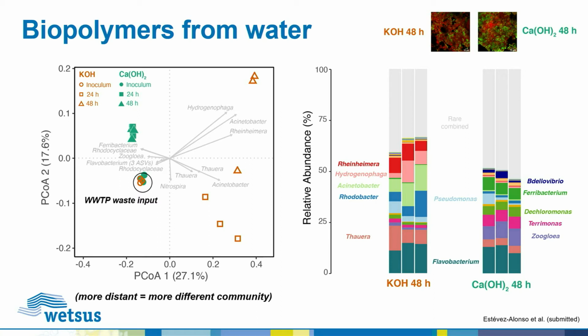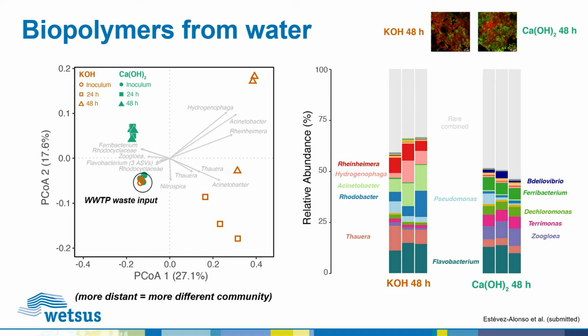The samples from the input activated sludge are still clustered together, so they were very similar in the microbial community. But then when they got calcium, they went to a different place in this figure than the ones that got potassium, which means that the microbial community really changed.